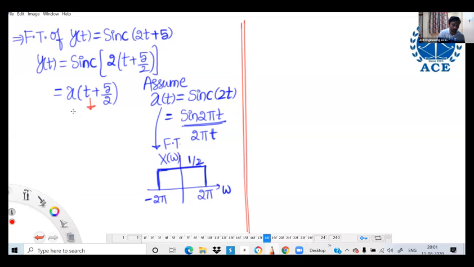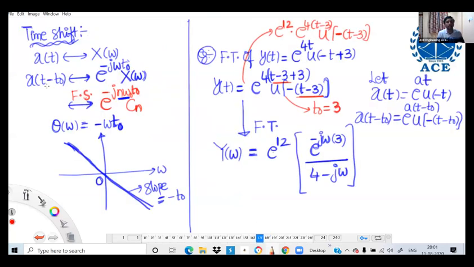According to our property notation, what is the t naught number now? Minus 5 by 2. According to the property notation, see the previous slide, the only property available is x of t minus t naught form. So what is t naught?